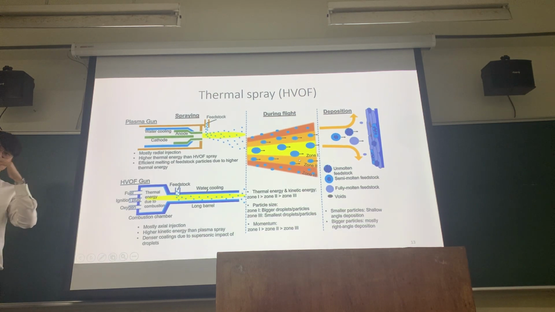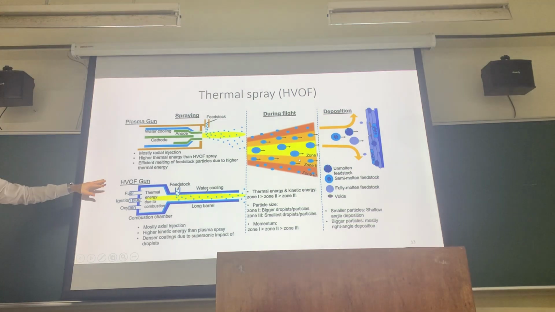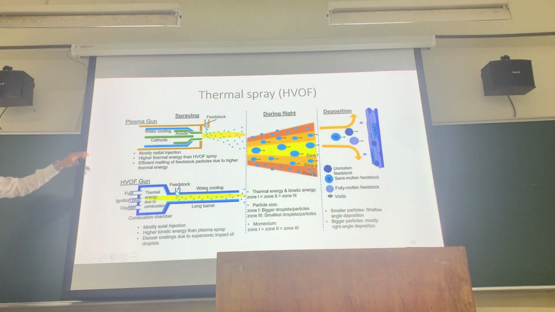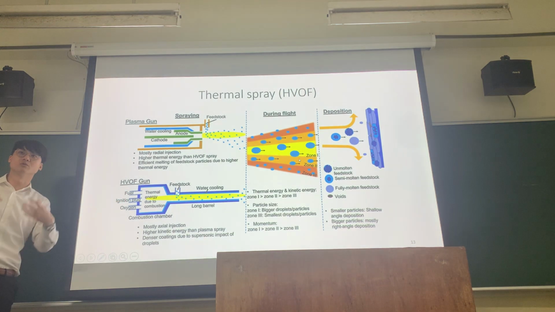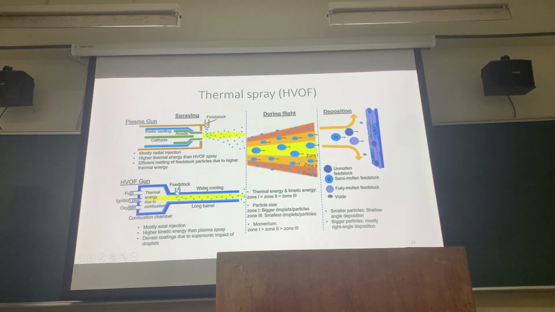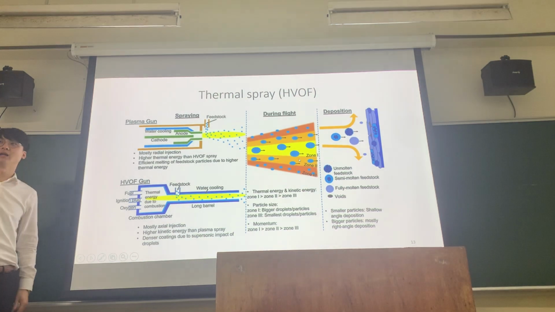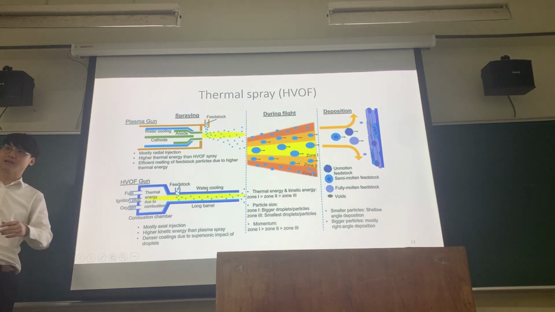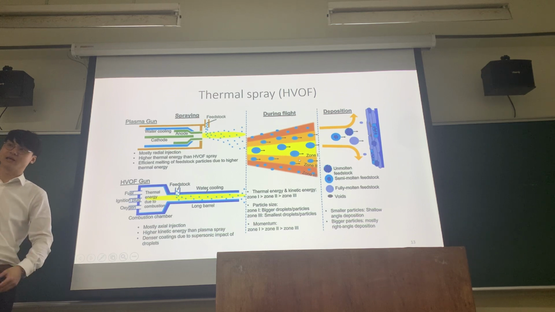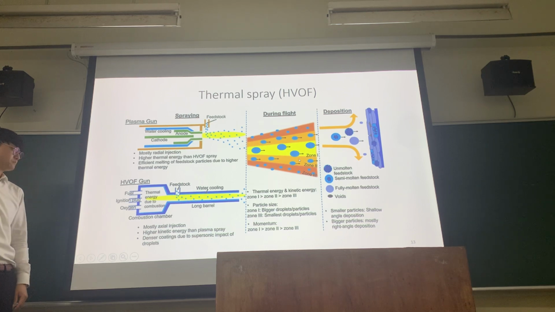What's different from the plasma chamber we see in the HVOF gun is that now, instead of anode and cathode, you don't have that. All you have is an ignition plug and a fuel, like your gasoline, right? And you feed in oxygen. And then the ignition plug is basically like something in your car that ignites stuff, right? In your car, you also have the same thing, right? You put in the gasoline and ignite, right?